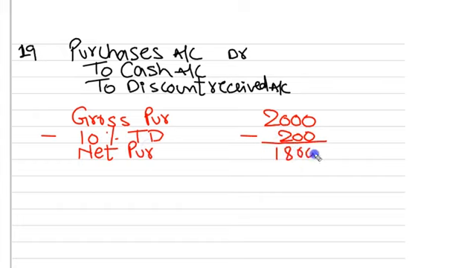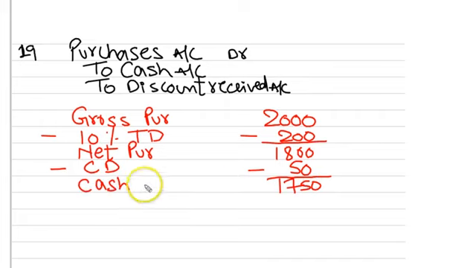And he is allowing me a cash discount of 50 rupees. I am supposed to subtract 50 over here. So 1800 minus 50 gives 1750. This is the amount of cash that I am supposed to pay.